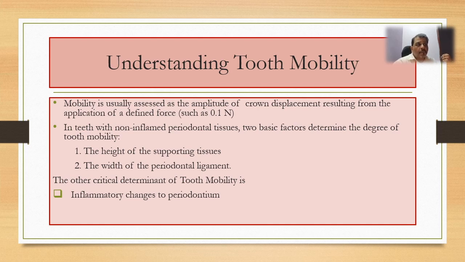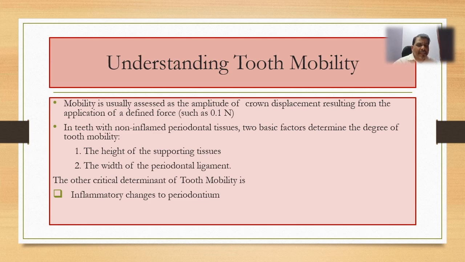Now, with biofilm-induced periodontal disease, there is another factor that is thrown into the works that can compromise the disease presentation. This is biofilm-induced inflammatory changes, or just inflammatory changes per se. Now, inflammatory changes that might occur to the periodontium could be due to periodontal disease, or they could be due to endodontic disease, or even just due to hormonal changes that cause greater amount of inflammation to the periodontium.